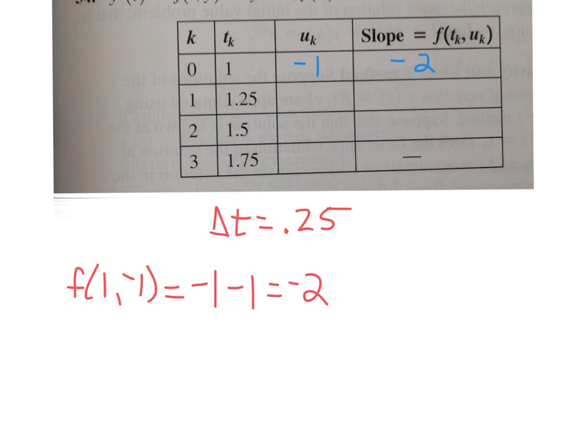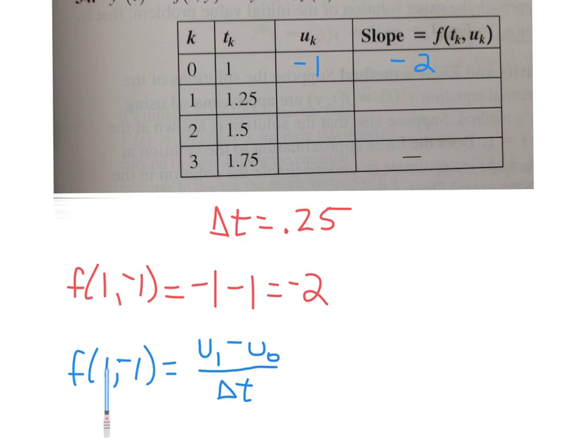So this slope is also equivalent to the change in u over the change in t. What we want out of all of this is our u sub 1, our next approximation. We already know the information here. We found the slope.